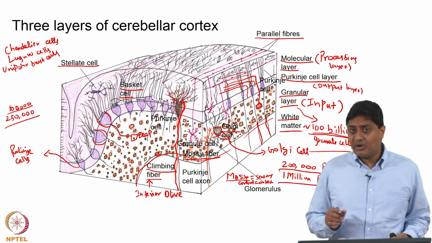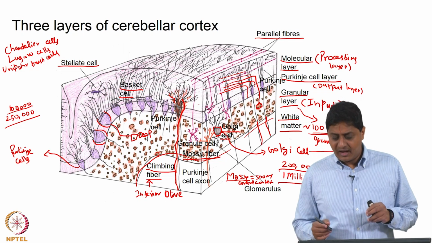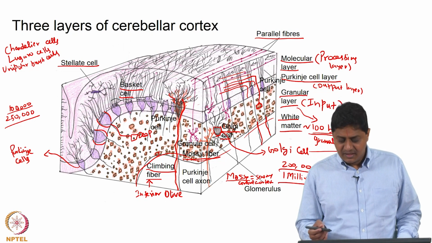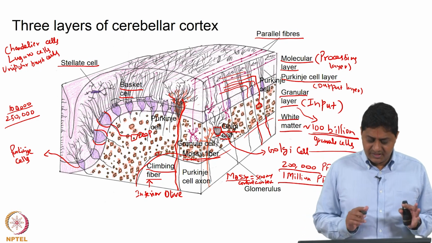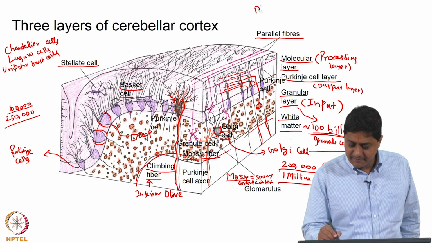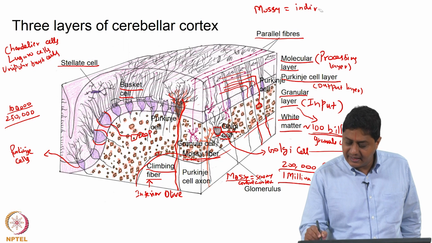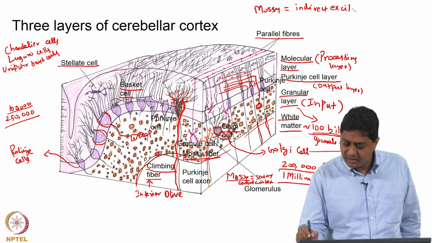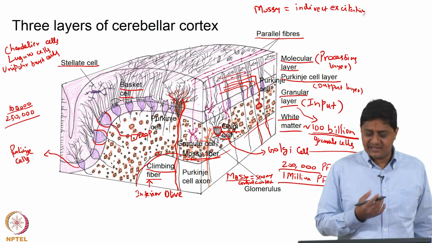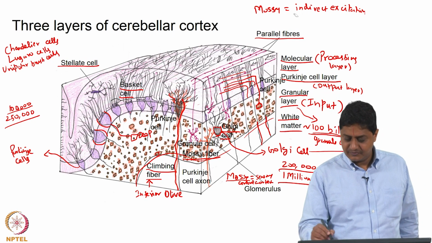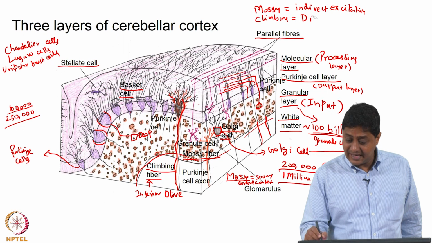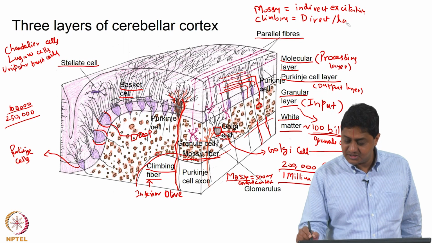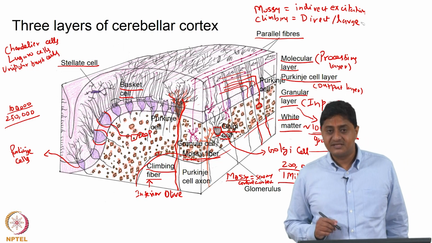Whereas the mossy fibers project to the granule cells, and through the granule cells control or modulate the function of the Purkinje cells. So, let us remember the differences. Mossy fibers provide indirect excitation to the Purkinje cells, whereas climbing fibers provide direct and relatively large excitation of the Purkinje cells.